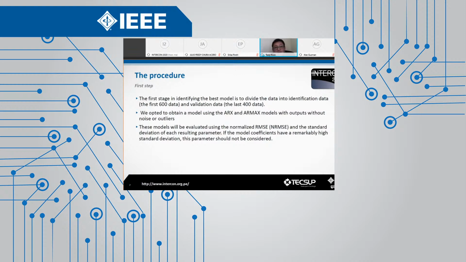We opted to obtain a model using ARX and ARMAX models with outputs without noise or outliers. These models will be evaluated using the normalized RMSE and the standard deviation of each resulting parameter. If the model coefficients have remarkably high standard deviation, that parameter should not be considered.